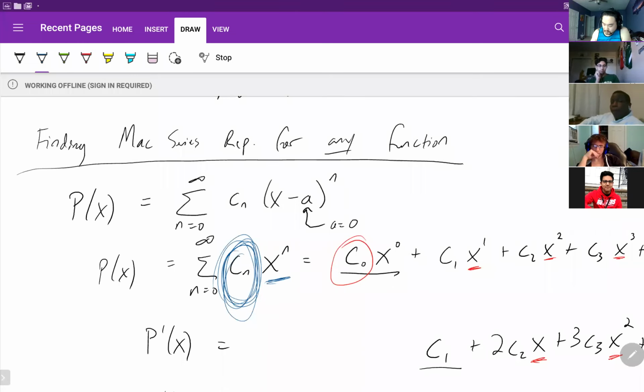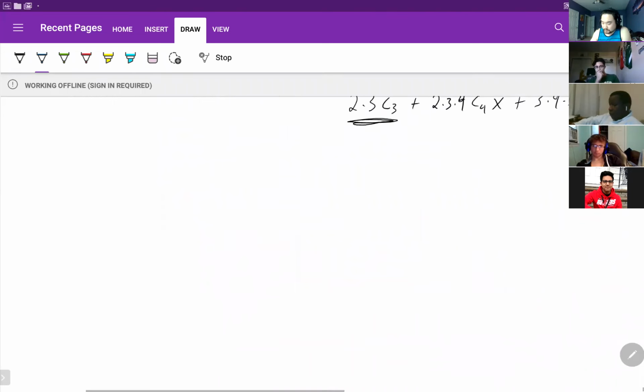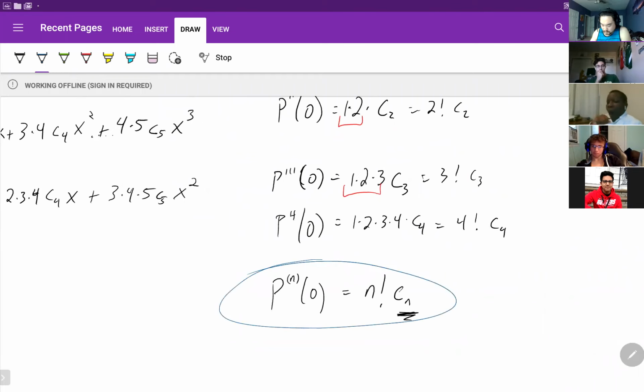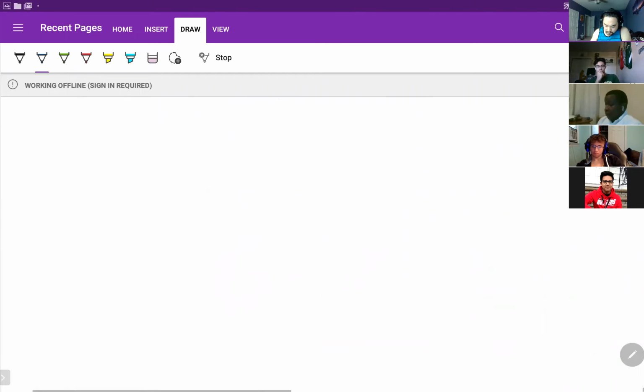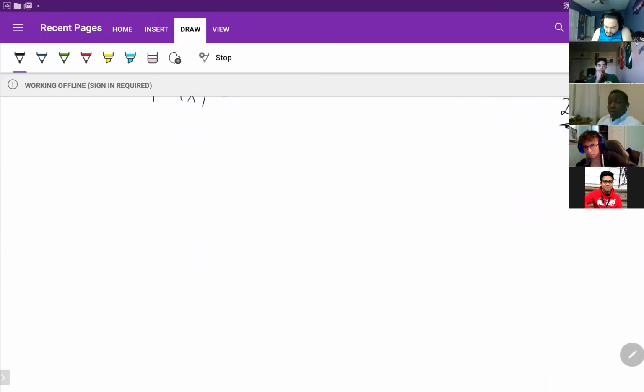Right. So watch, this is what we're going to do. I'm going to take sine of x. Now that we have this, I'm going to rewrite it here because I'm all over the place. I'm sorry, guys. So I have the nth derivative at 0 is n factorial C sub n, right?